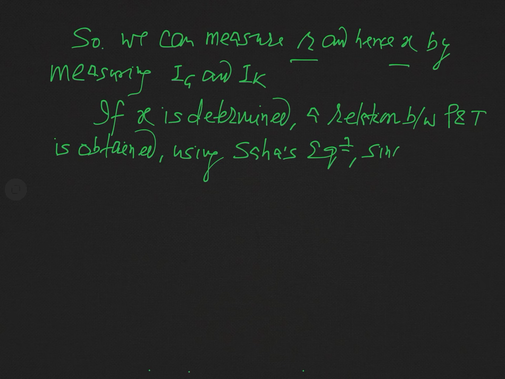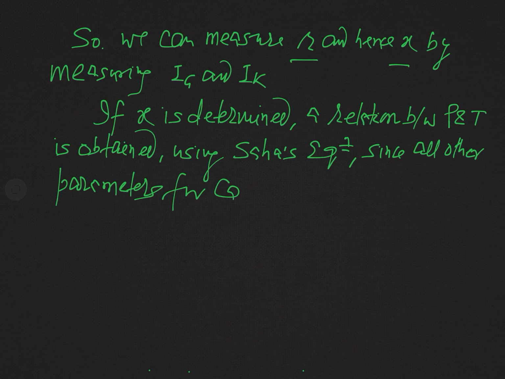Since all other parameters for Ca atom are known. So using Saha's equation, we can obtain the relation between P and T.